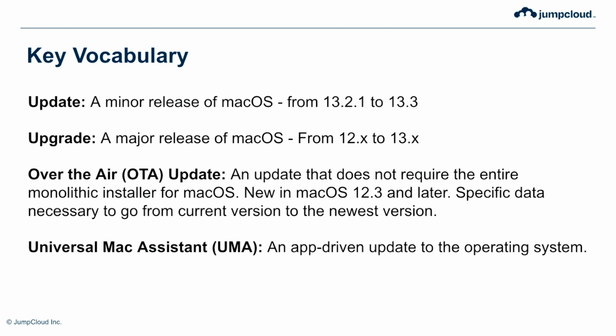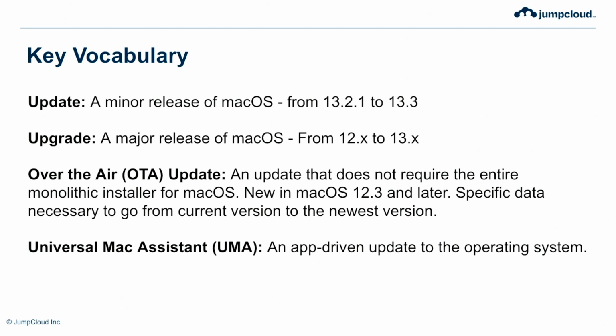I want to talk about a couple of key vocabulary differences because these are things that are second nature when you think about them, but how we talk about them matters a great deal. There are updates and there are upgrades. Updates take you within a single major release, 13.2.1 to 13.3, 13.1 to 13.3.